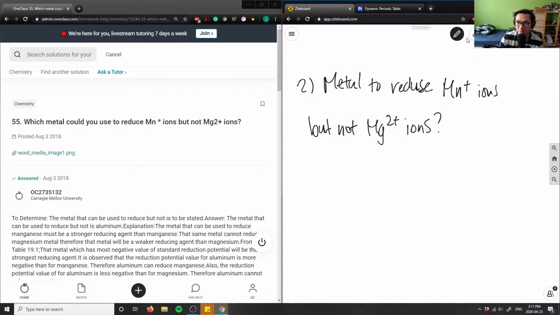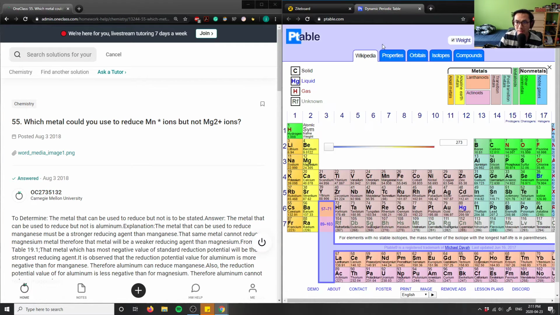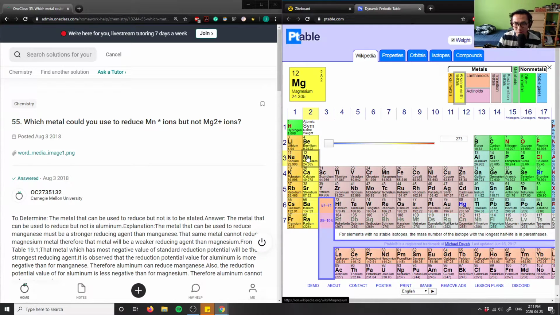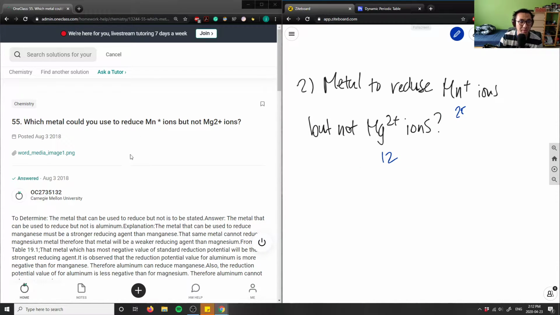So let me write that down for you. Manganese has an atomic number of 25, and this here is 12, right? Magnesium is an alkaline earth metal, and manganese is part of the transition metals. So which metal could you use to reduce Mn+ ions but not magnesium 2+, right?